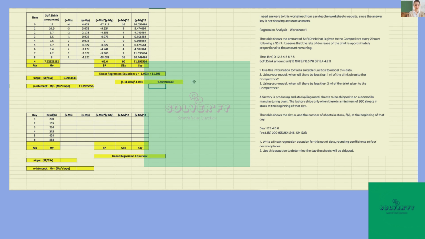Then it will be 1 ml at 9.9, so almost 10, so 9.96 hours.